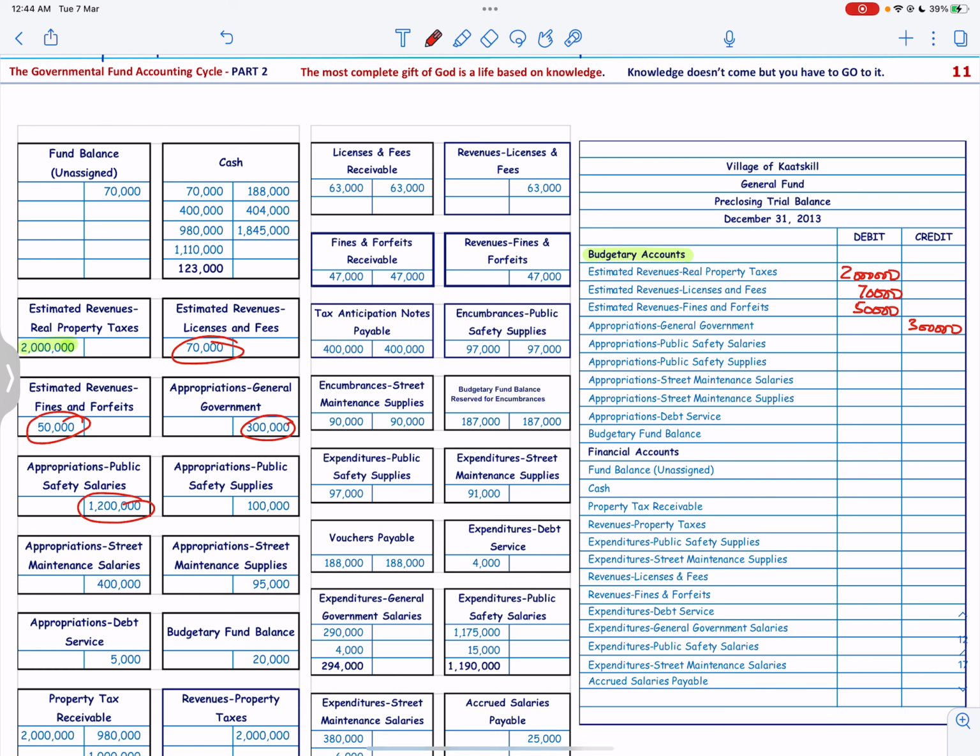Then appropriation public safety salaries 1,200,000. Then appropriation public safety supplies 100,000. We have appropriation street maintenance supplies 400,000. Then appropriation street maintenance supplies 95,000. Then we have appropriation debt service 5,000.